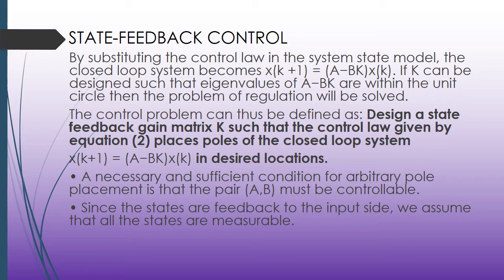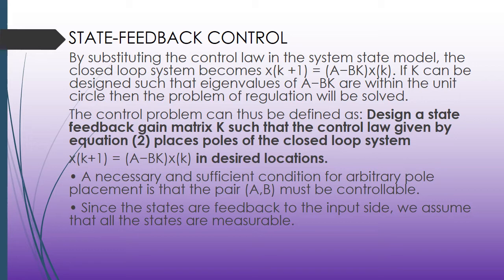The control problem can thus be stated as: design a state feedback gain matrix K such that the control law given by the equation places the poles of the closed loop system x of (k plus 1) equals (A minus BK) x of k in its desired location.